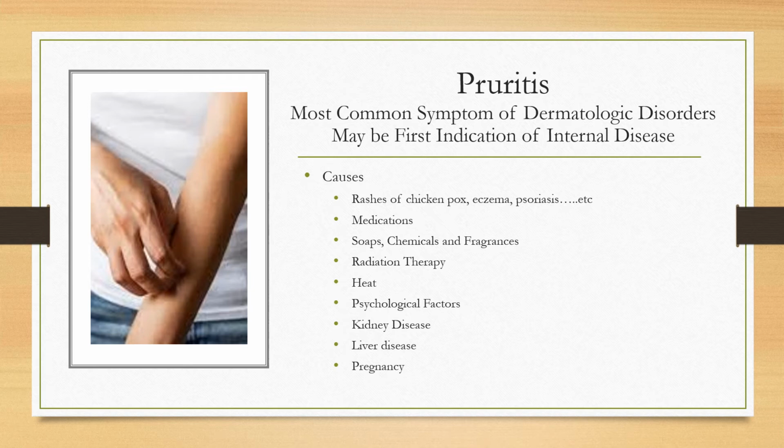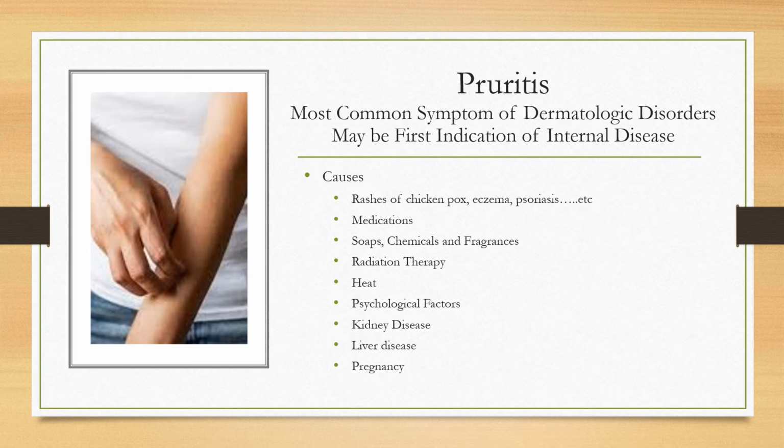Radiation therapy for cancers can certainly cause itchy skin. Heat, some people are sensitive to heat, so when they get in the bathtub, that can create itchy skin because certain people release histamine in the setting of heat in their skin, and it leads to pruritus. Stressors, psychological stressors, can cause itchy skin.